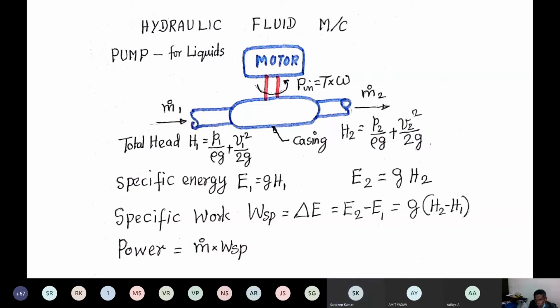Similarly, at exit, the specific energy is E2 equal to gH2. So it can be written that the specific work is equal to the change in the energy level, which is equal to E2 minus E1, and thus you get g into H2 minus H1. And the power supplied is equal to m dot into W_sp.